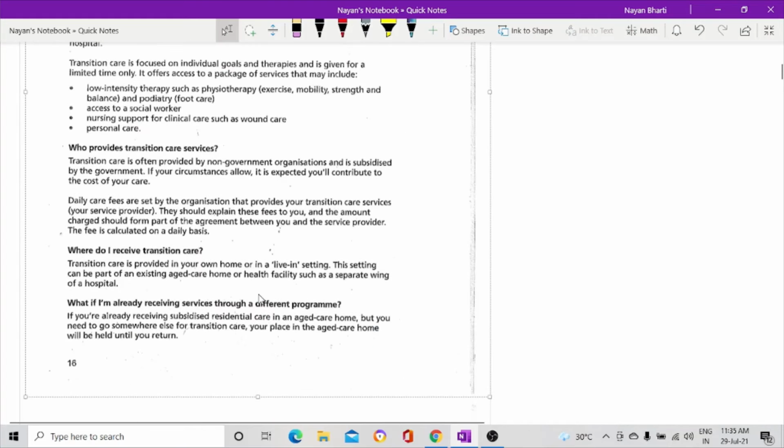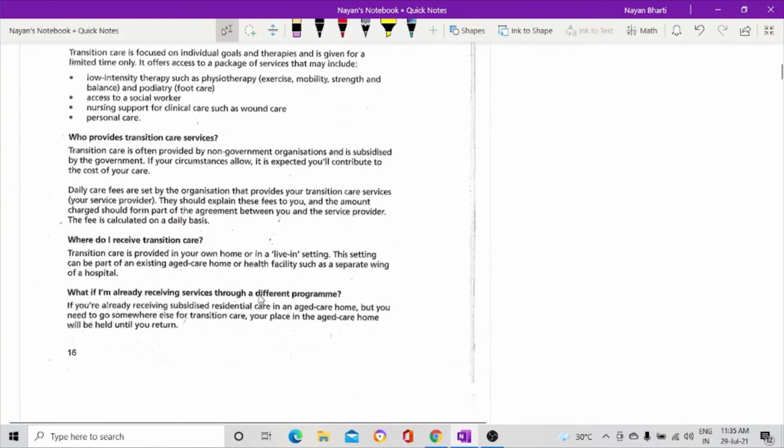Let's see what information is there in the passage regarding this. Okay, so transition care: we don't have to read, we have to skim to find where this information can be. Where they are talking about whether they should give some amount or not. Let's see. Transition fees by government.